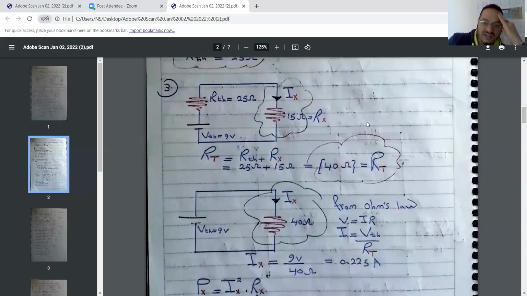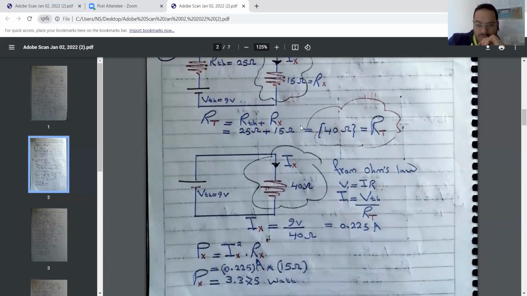And now let's try to calculate IX in the circuit. The total resistance is 40 ohm, like we know, 25 plus 15.